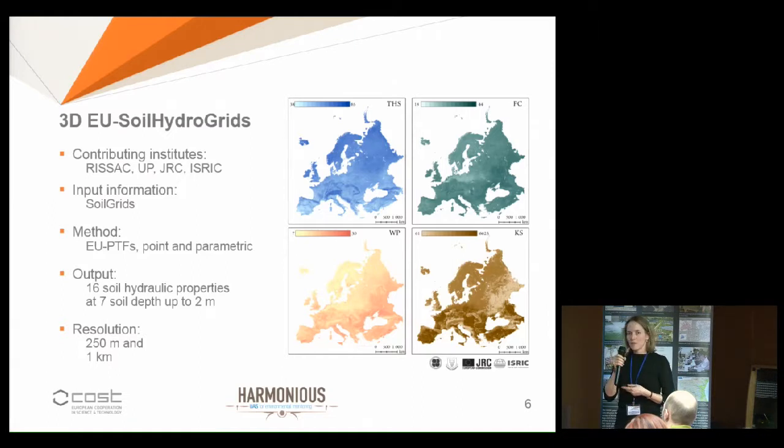The input information for these calculations was SoilGrids. We used both the 250 meter resolution and the 1 kilometer resolution. The 7 soil depths are, as in SoilGrids, 0 centimeter, 5 centimeter, 15, 30, 60, 100 and 200 centimeter.